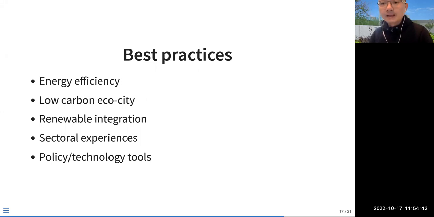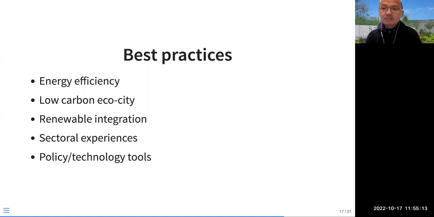This is the best practices idea. So we know energy efficiency is good, and we know we need to do low carbon eco-city and renewables. Some sectors are more difficult than other sectors, and different policy and technology instruments have their own limitations and strengths.